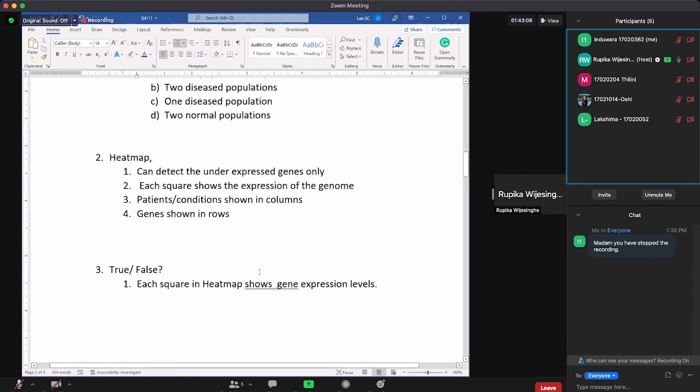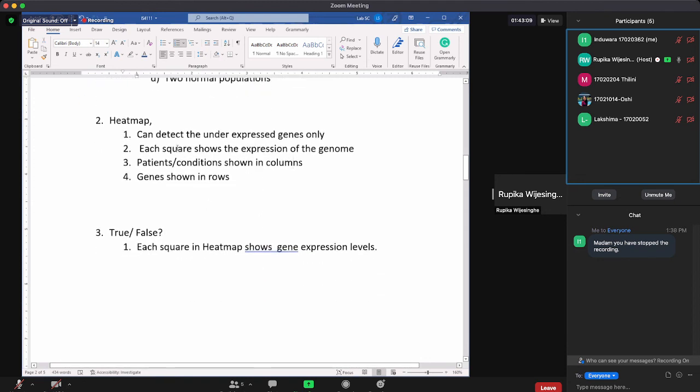Okay, next one. Heat map can detect the underexpressed genes only. Each square shows expression of the genome. Patients or conditions shown in columns.